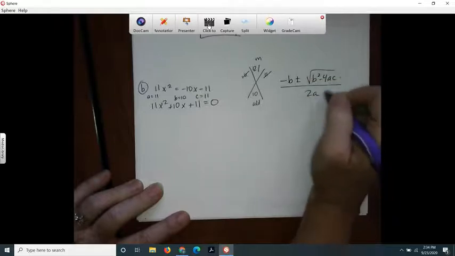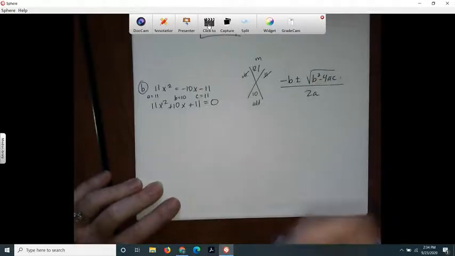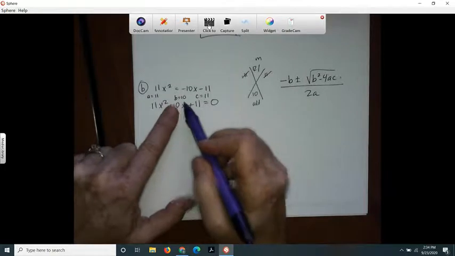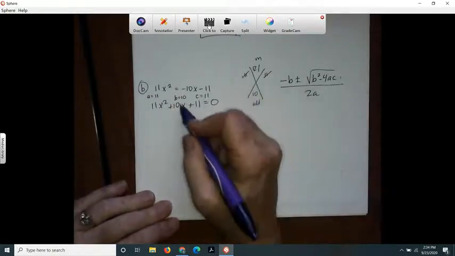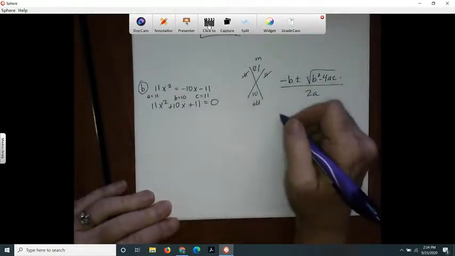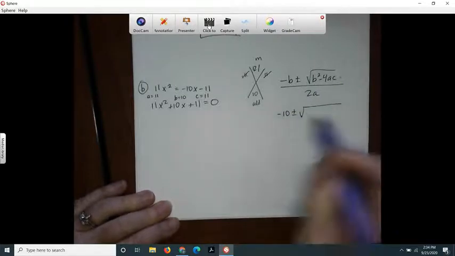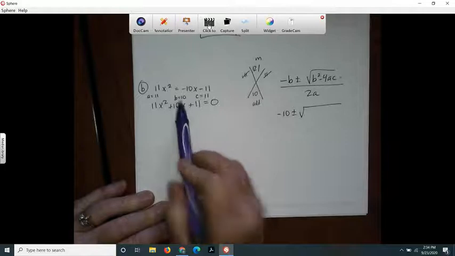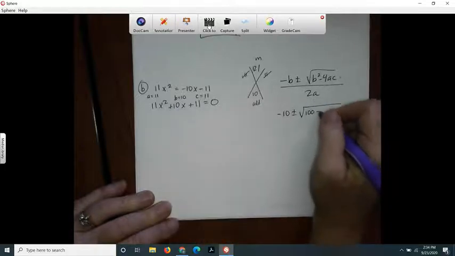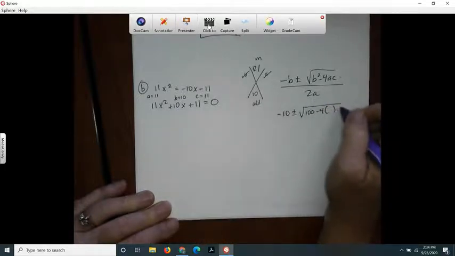So I'll just write that up there so I can look at it. B is 10, so I'm going to write negative 10. B squared is 100, minus 4 times A times C. A is 11, and C is 11.